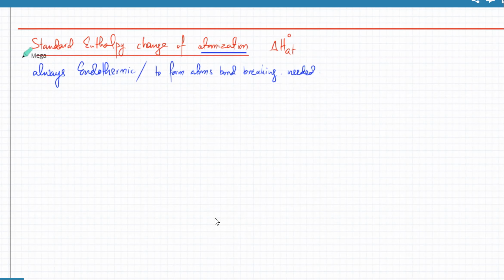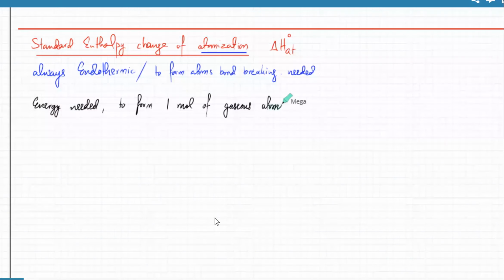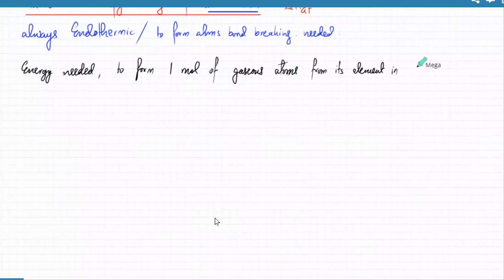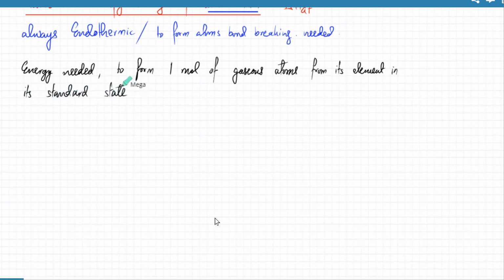The definition is that it's the energy that is needed to form 1 mole of gaseous atoms from its element in its standard state, measured under standard conditions, obviously.